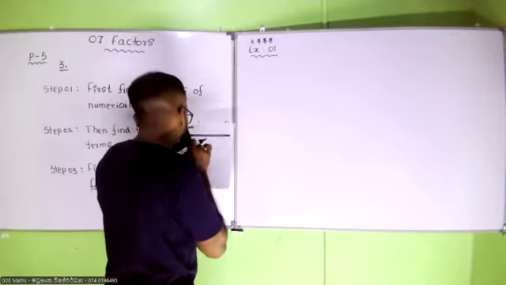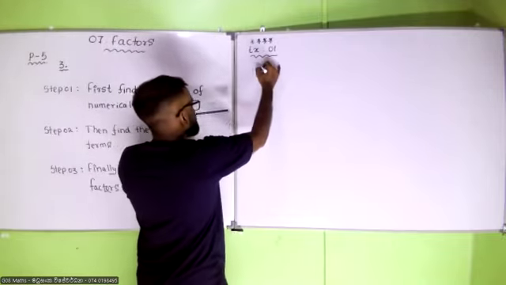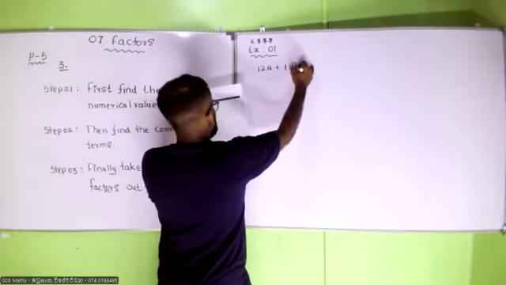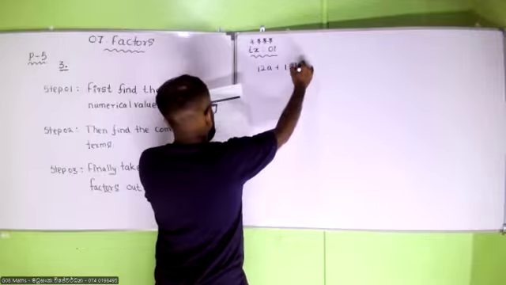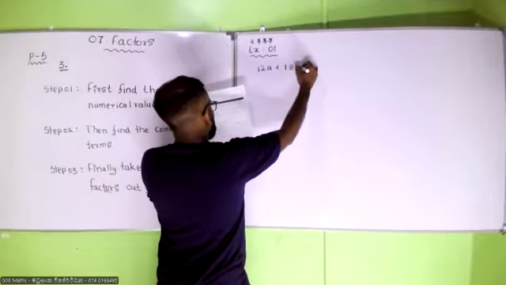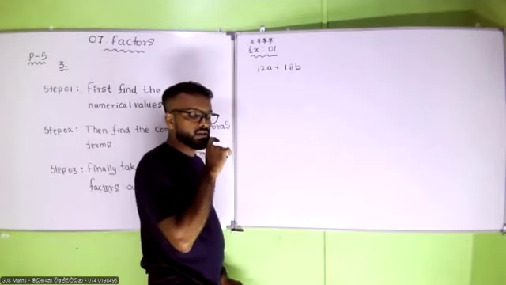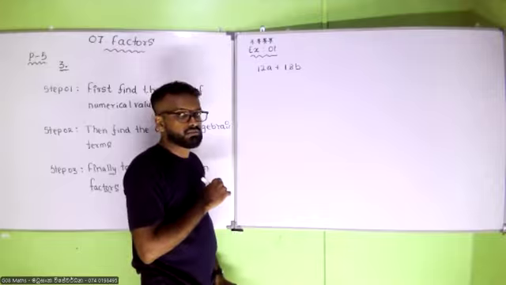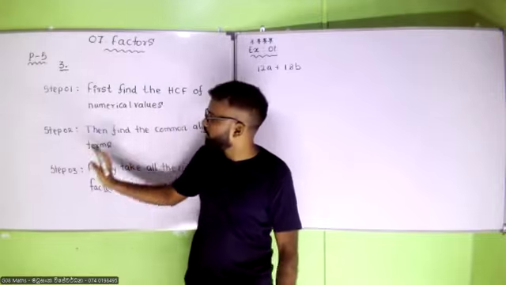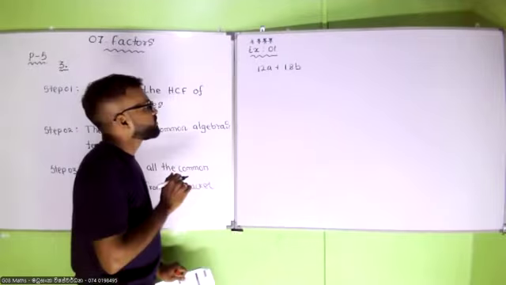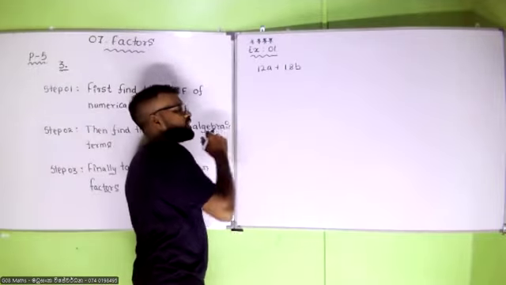So, write the expression 12a plus 18b as a product of factors, the same thing that we have done earlier in the previous examples. So we have 12 and 18.